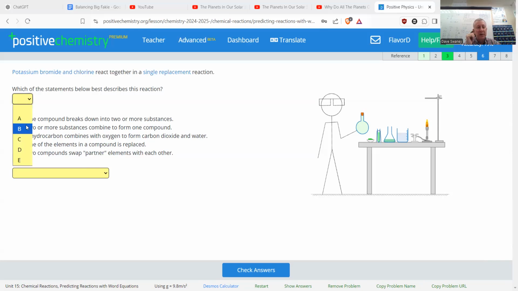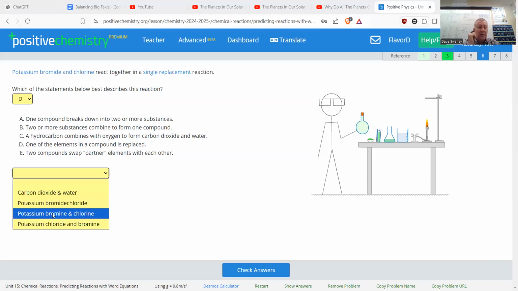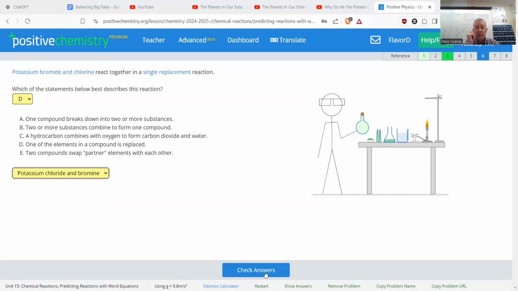So that's a single replacement. That is, one of them is replaced, D. And we get potassium bromine. It should be bromide. And oh, no, we get potassium chloride and bromine. There we go.